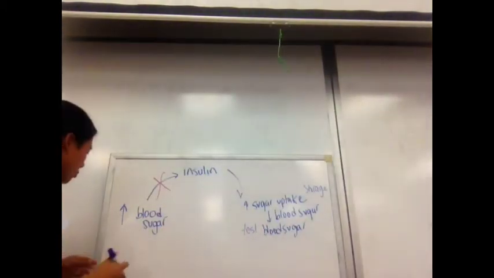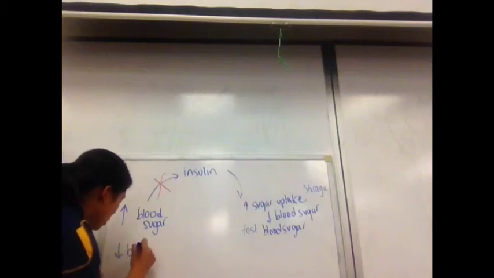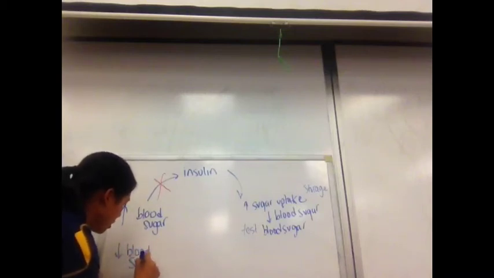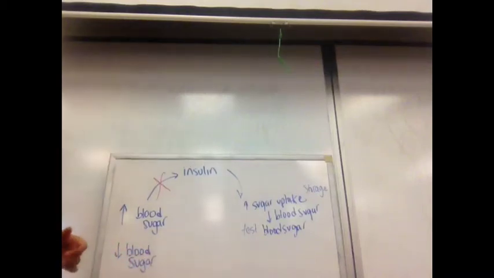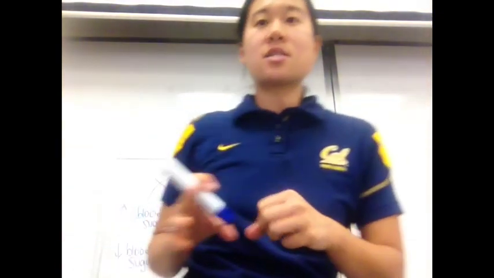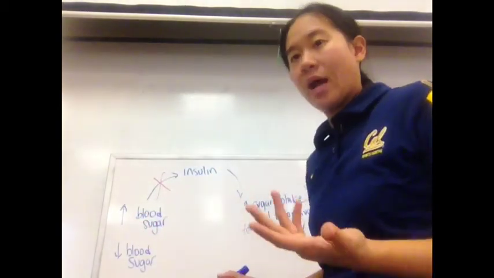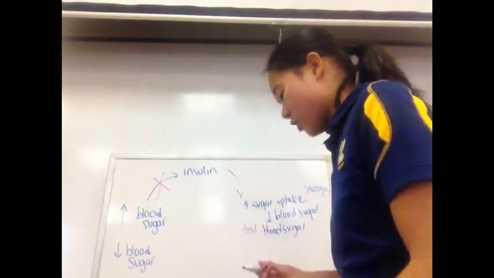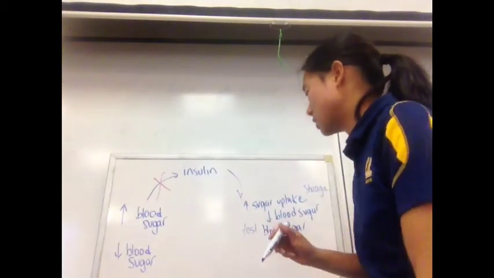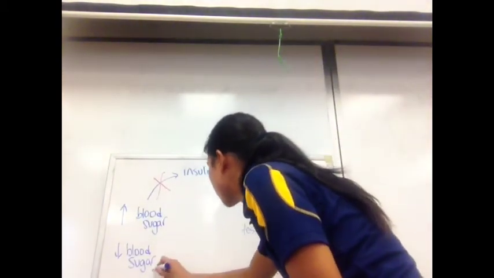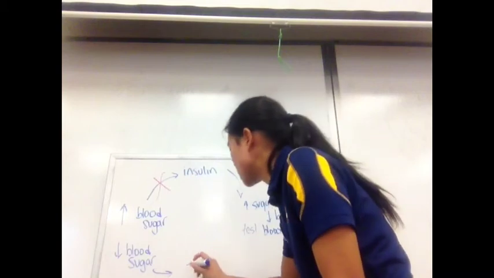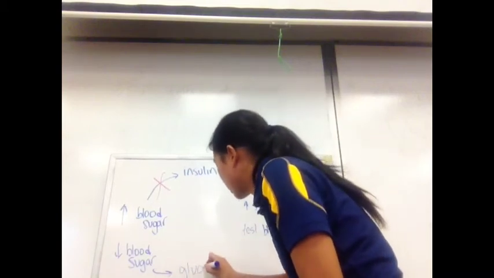What else can happen if your blood sugar gets too low? You don't eat for a while, you're just going to class, you're so busy doing all your work, going to practice, going to extracurricular activities, working at your job, you forget to eat. What happens? You don't just die and pass out, your body actually has a mechanism to protect you against that. So what does it do? Low blood sugar, it wants to increase it, so it releases a hormone called glucagon.